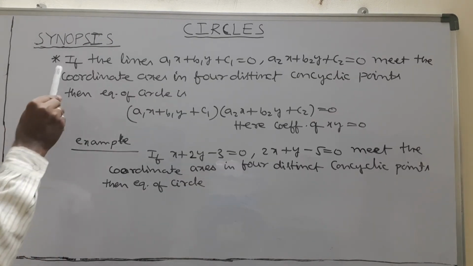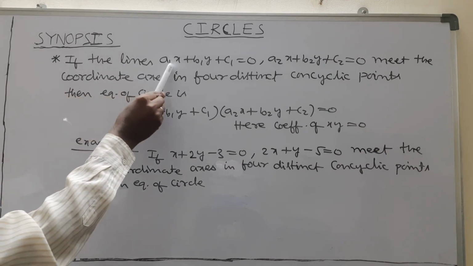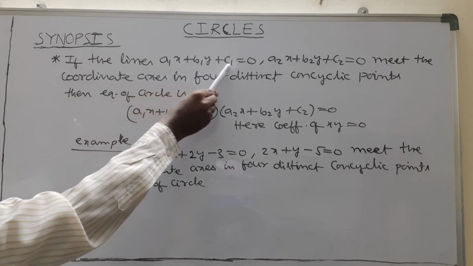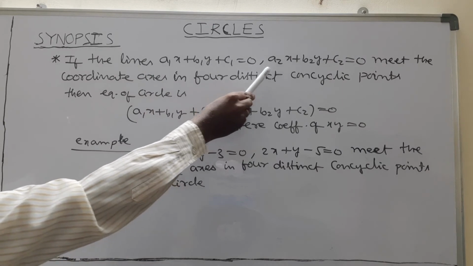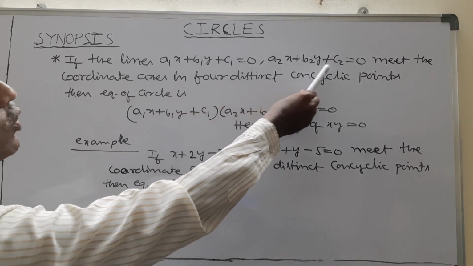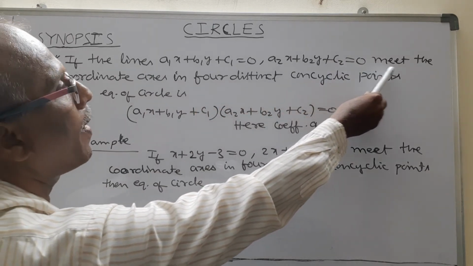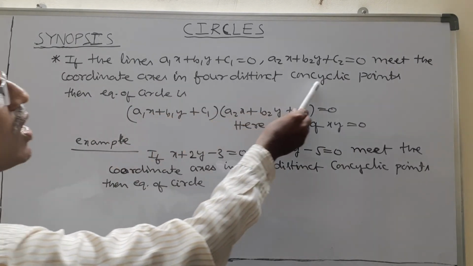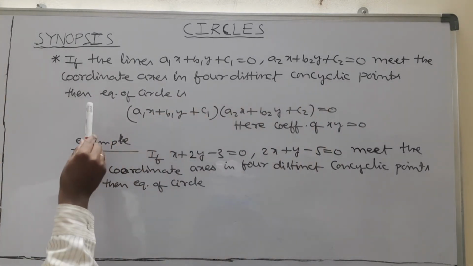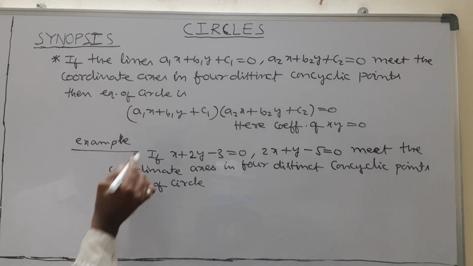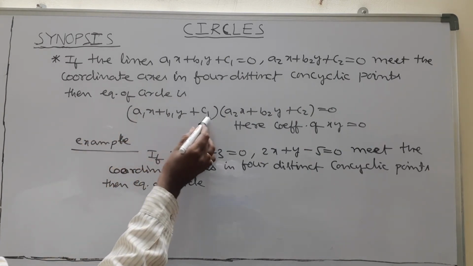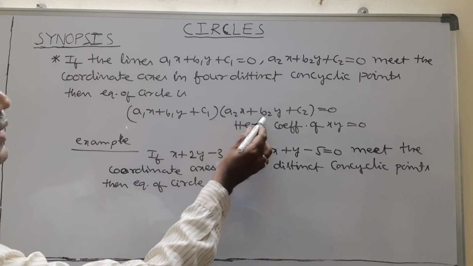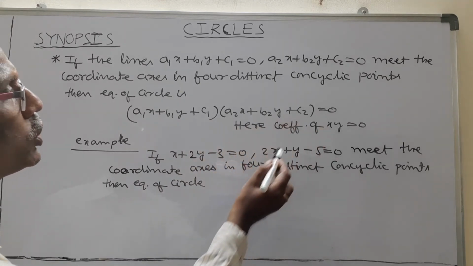Next one, if the lines a1x + b1y + c1 = 0 and a2x + b2y + c2 = 0 meet the coordinate axes in 4 distinct concyclic points, then the equation of the circle is (a1x + b1y + c1)(a2x + b2y + c2) = 0.